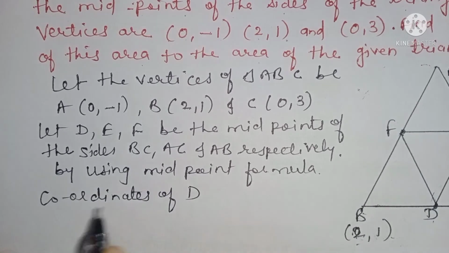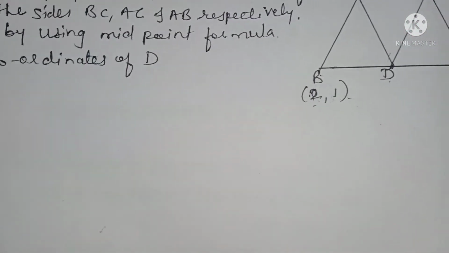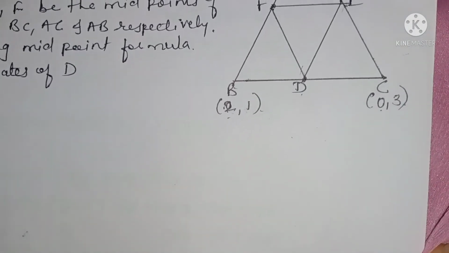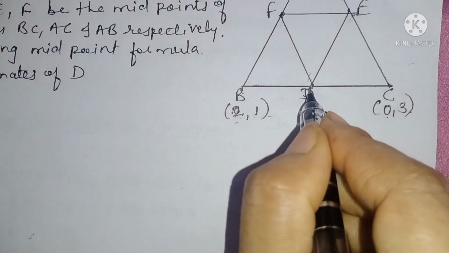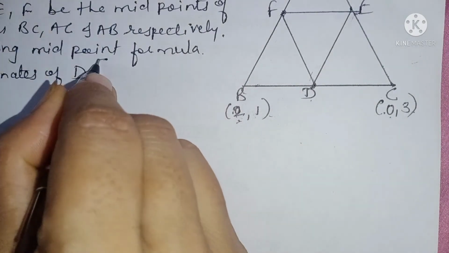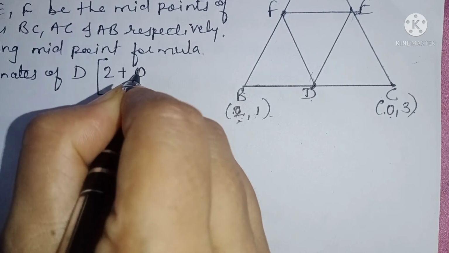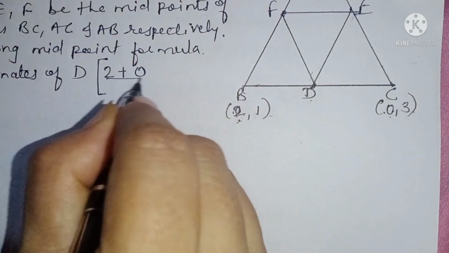Okay. Now see here, the coordinate of D is (x1 plus x2) upon 2. So you can see this is D and x1, x2. Here, what is x1? It is 2. Plus x2, it is 0, right? 0 upon 2.